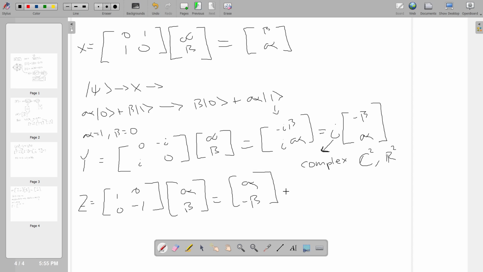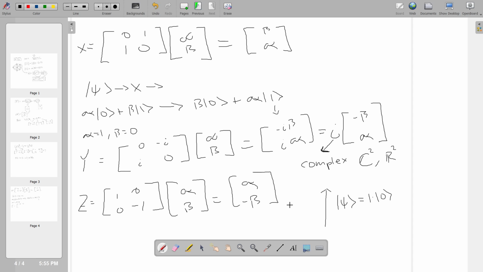And so what does that mean? This is why it's a little interesting: if we have a pure spin up function or wave function, i.e. 1, 0, this has no impact.